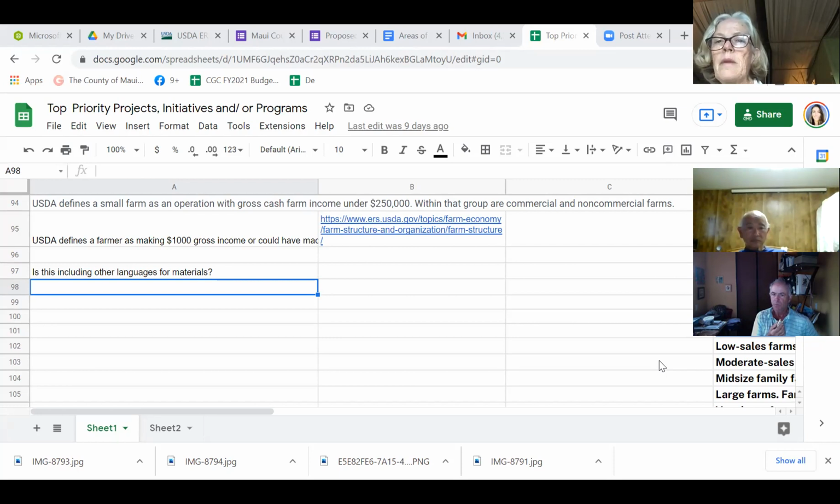Anything else? Should there be any language included to focus on women-owned farms and agriculture? That was the language that was just used. That's the disadvantage, yes.